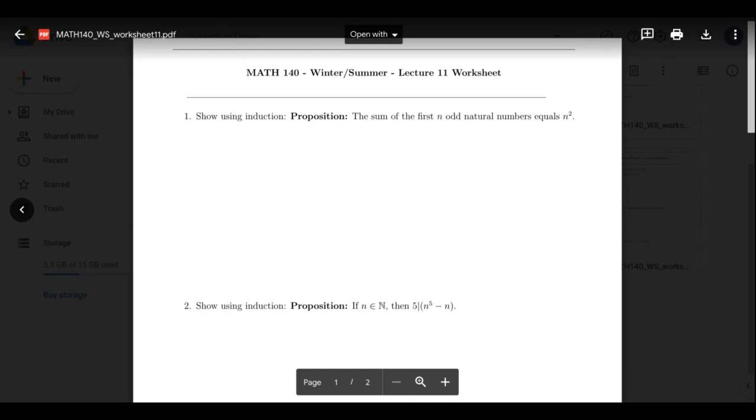Okay. Yeah, P of 1 is a statement. If n equals 1, 1 equals 1 squared.